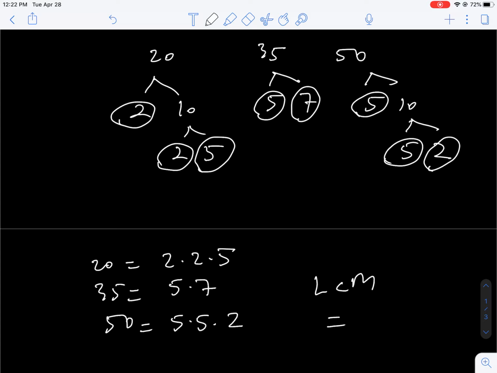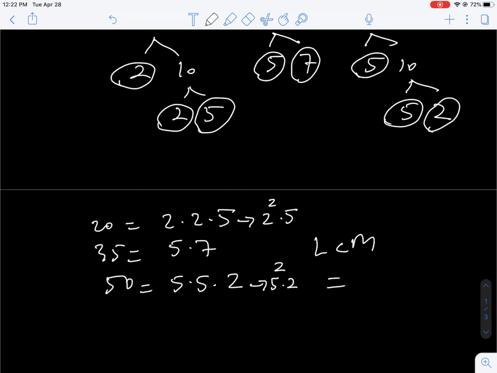Whenever we have more than one 2 or more than one 3, I usually change it to a different format. So I'll say 2 to the power 2 times 5. I did not change anything: 2 times 2 is still 4. We have got two 5's here, so I'll say 5 to the power 2 times 2. I will tell you in a minute how it helps in finding the LCM.